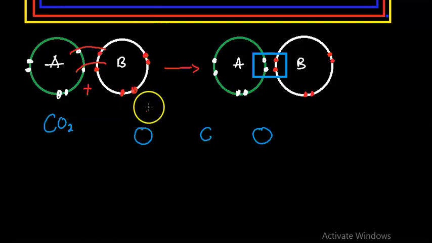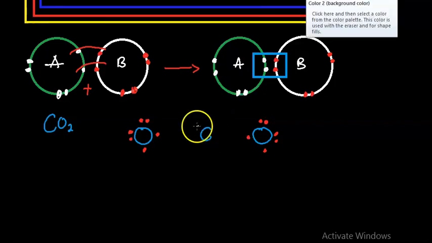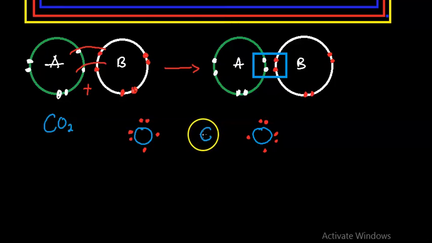We said in the case of oxygen, it has 6. 2 by 2 is 4, 2 by 2 is 4. Here we're going to have 1, and here we're going to have 1, which makes it 6. What about carbon? Carbon, which is the one in the middle, has 4 valence electrons: 1, 2, 3, 4.